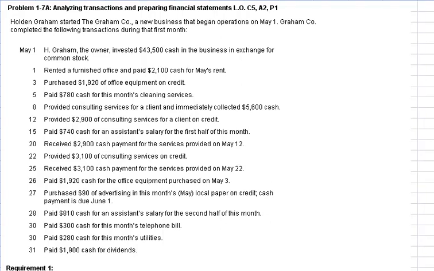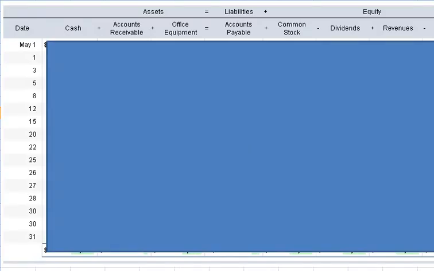Okay, so the first one, on May 1st, to the left of my mouse, H. Graham, the owner, invested $43,500 cash in the business in exchange for common stock. Alright, so now I've set up the accounts so that you can see it on the screen. Now I know it runs off to the right, but I'll move that a little bit as we have to. But here it says dividends plus revenues, and there's one other column that says expenses.